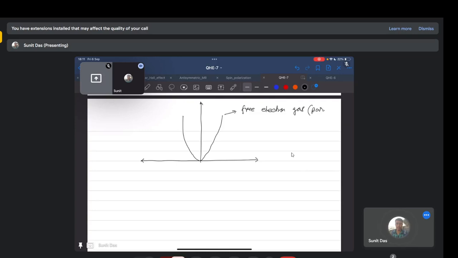Completely parabolic. And then now we have something like this is one sector, which remains like this. This is k, and this is energy, and another sector is kind of like this.